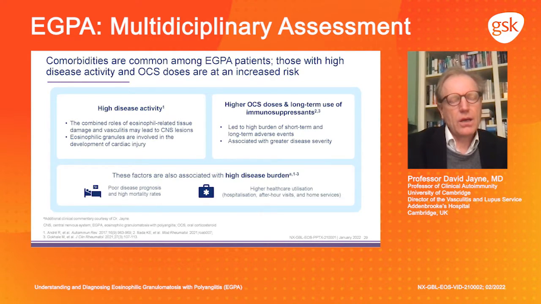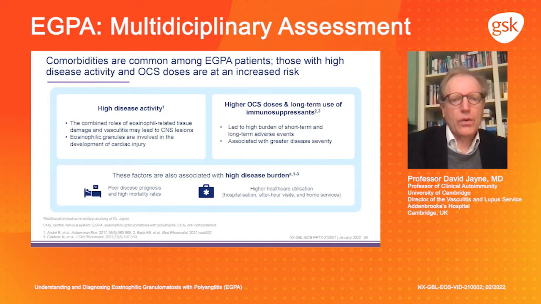So I'm considering here infections, cardiovascular events such as myocardial infarction and stroke, and thromboembolic disease, such as deep venous thrombosis and pulmonary emboli. They're the three most common categories of comorbidity.